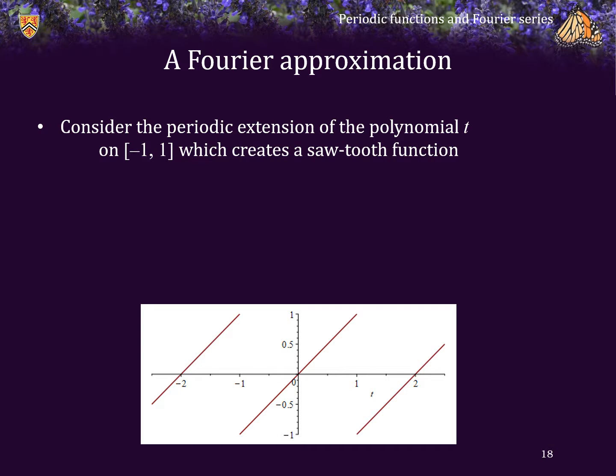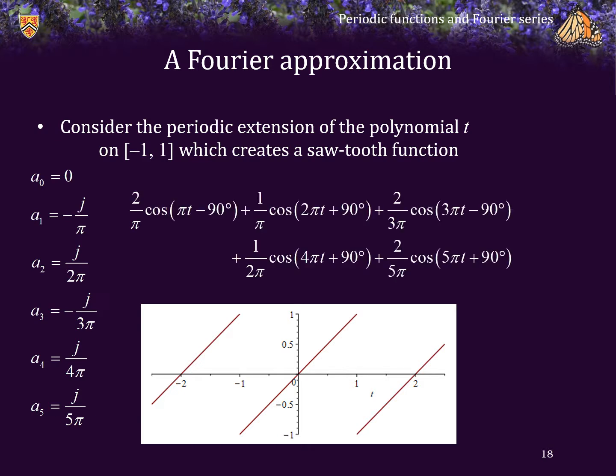We can calculate the coefficients a0 through a5, and notice that they are all j times a scalar, plus or minus. Okay, that makes life a little bit easier.